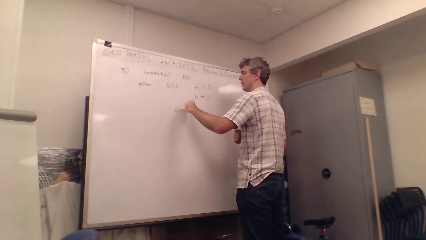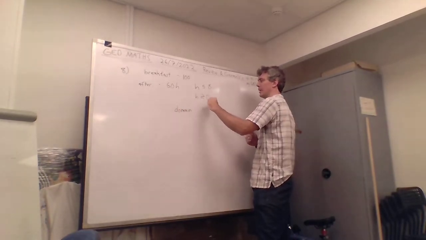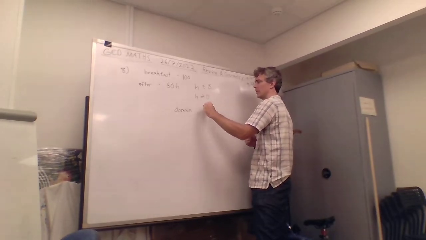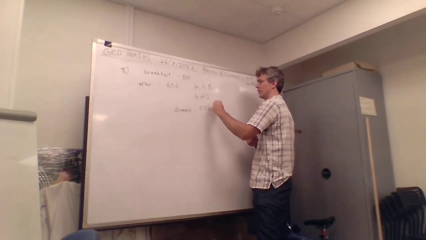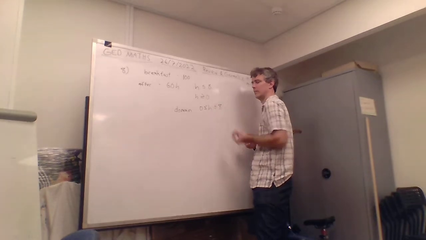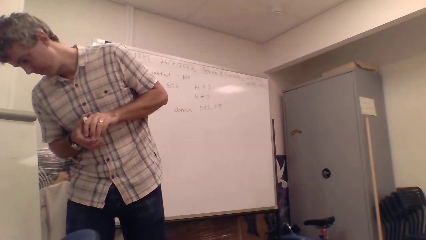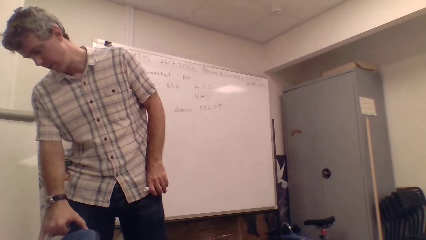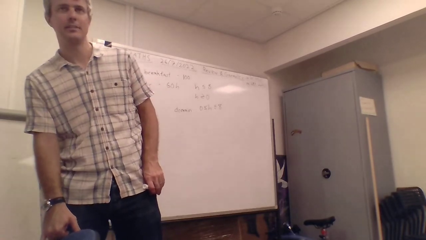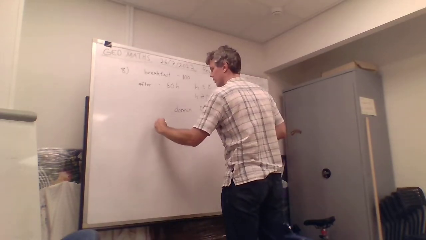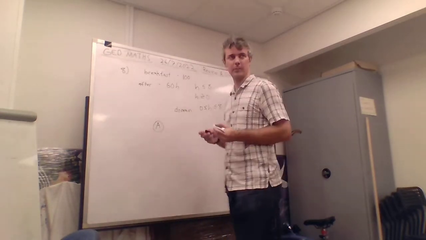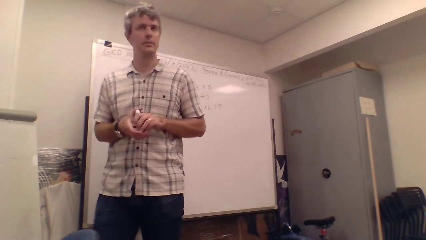If we put these two together, we have h in the middle, which is greater than or equal to 0 and less than or equal to 8. Which of these options has that? Only A. So your answer is A. You don't need to answer the rest of it because you already know from the domain.